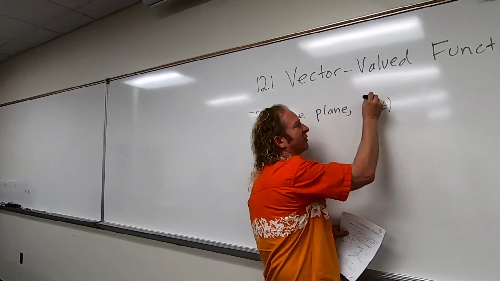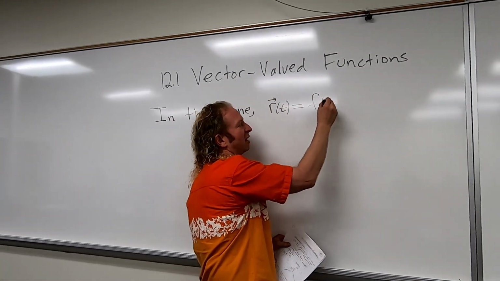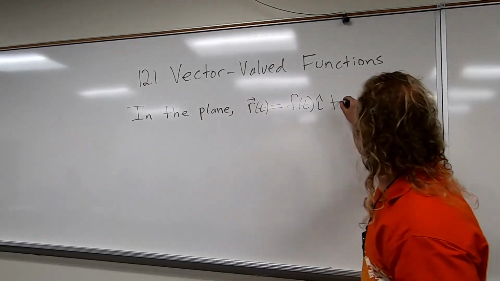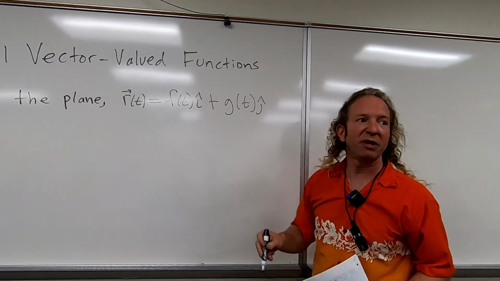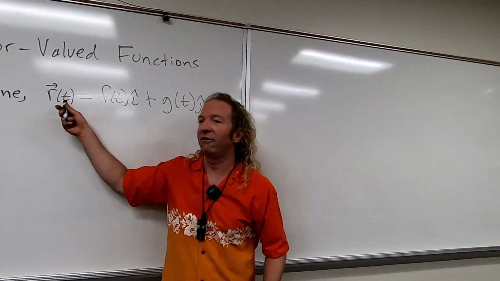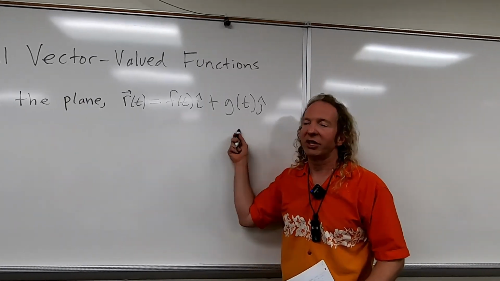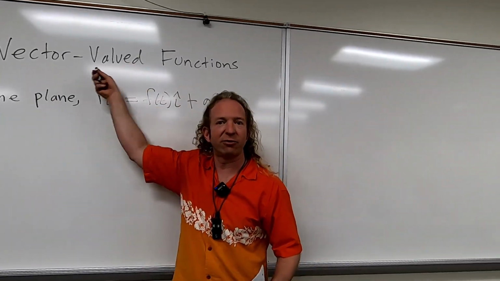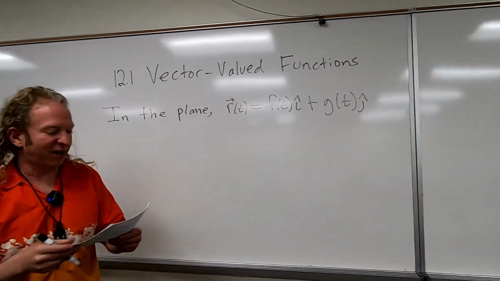Then f of t i hat plus g of t j hat. This would be a vector valued function. It takes a value of t, which is a real number, and gives you a vector. That's why it's called vector valued. Given a value of t, it spits out a vector.